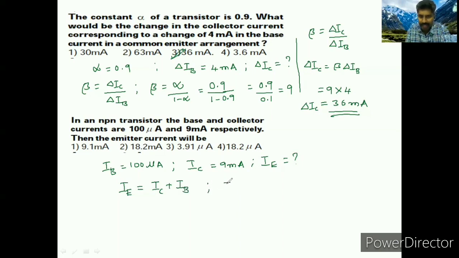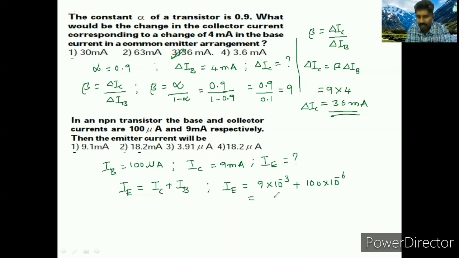Now the emitter current IE is equal to the IC value, 9 milliamps, which is 9 into 10 to the power of minus 3, plus 100 microamps, which is 10 to the power of minus 6.